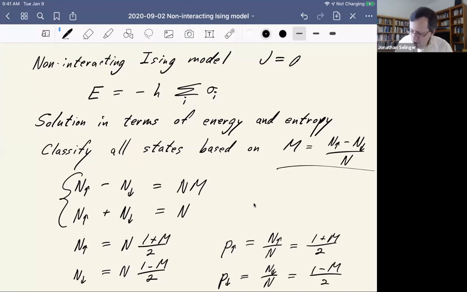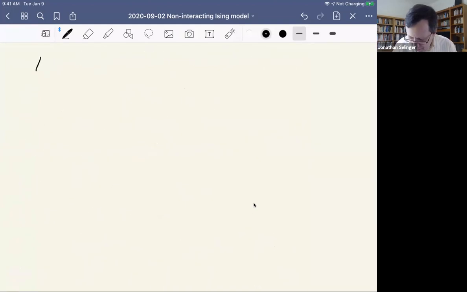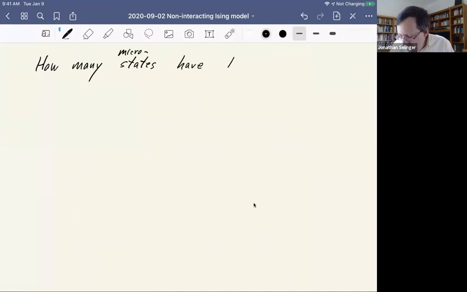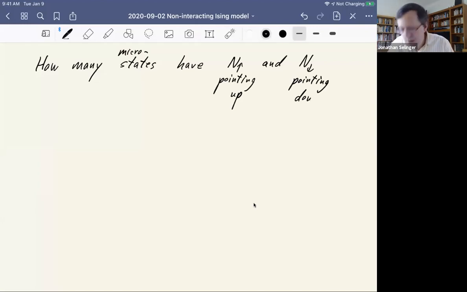Okay, so we could say, how many microstates have n up spins pointing up and n down pointing down?